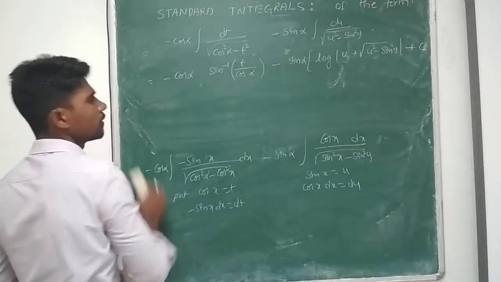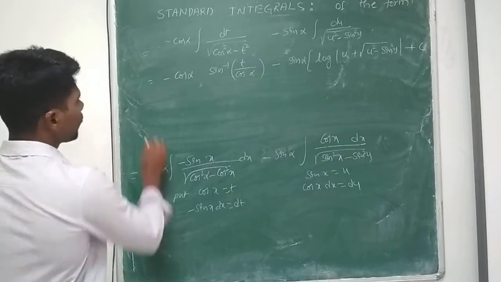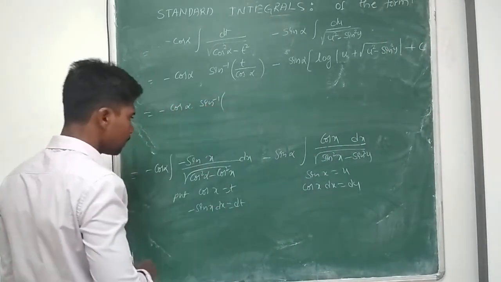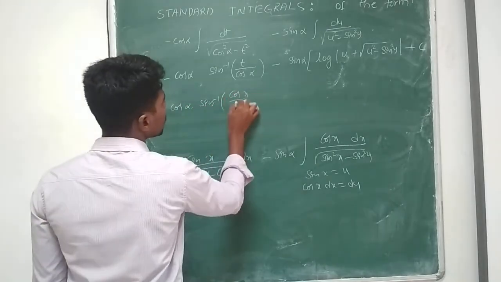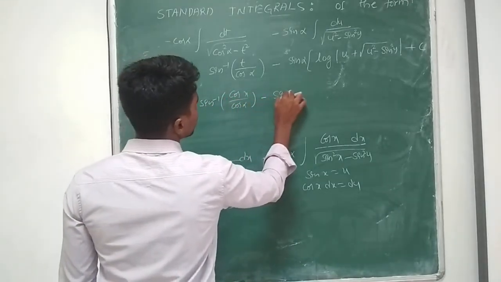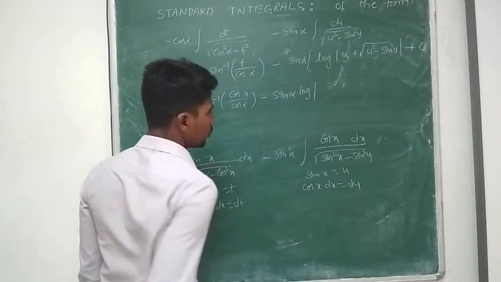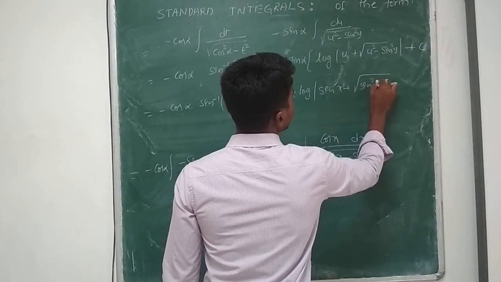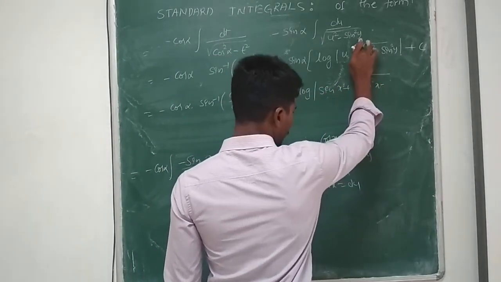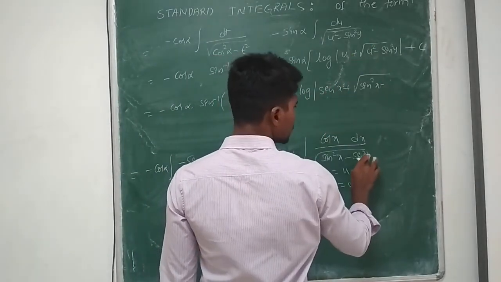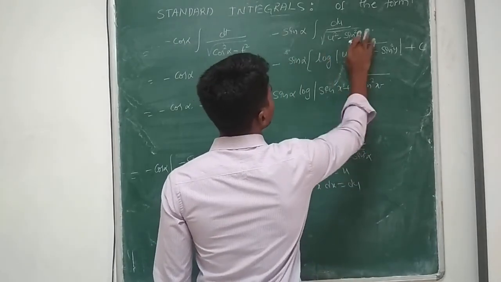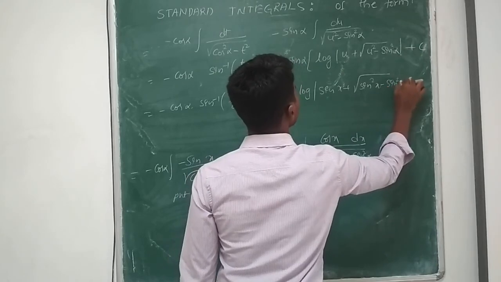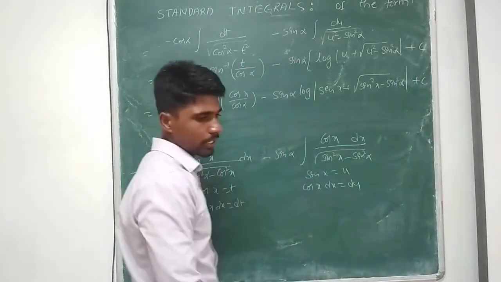Now the final answer, replacing t and u: minus cos alpha into sin inverse of cos x by cos alpha, minus sin alpha into log of sin x plus root of sin square x minus sin square alpha, plus a constant c.